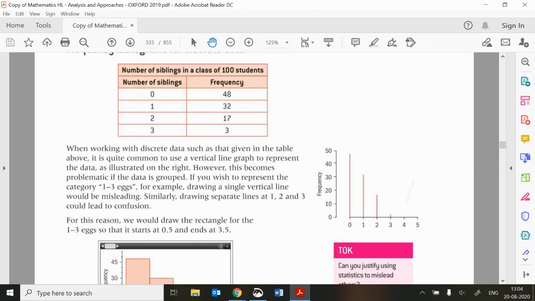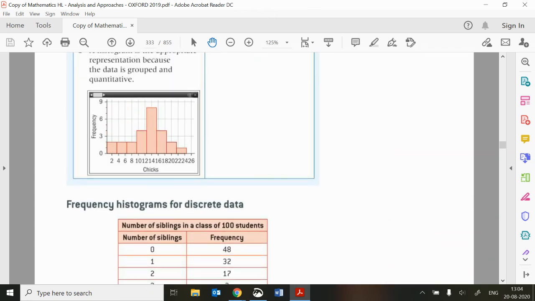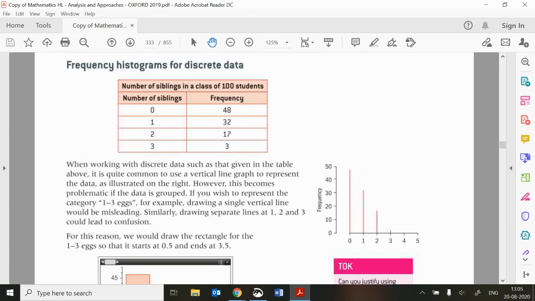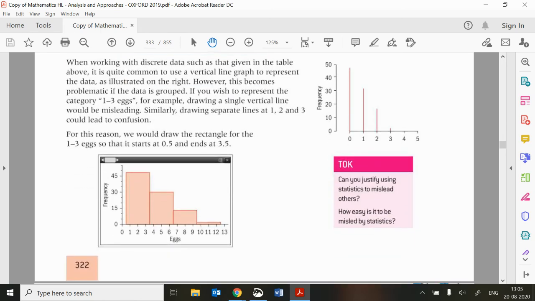Okay, and you can see when you're doing that, for example, 4, 5, and 6 is between 3.5 and 6.5, so 4, 5, and 6 would be in the middle of that category. And if you're going to do the same in this case, well, you'd have 0 in the middle of minus 0.5 and 0.5, which kind of doesn't make any sense, which is why they're flicking to the vertical line graph.